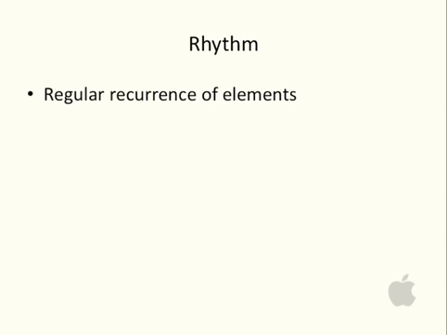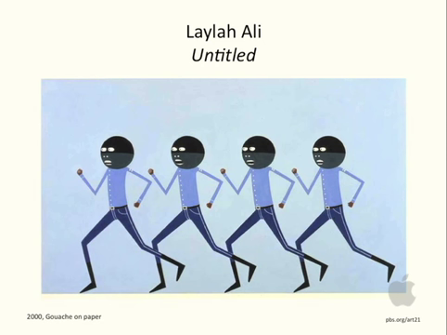So rhythm is the regular recurrence of elements. It can create movement, and it generates a sequence. In Laylah Ali's piece, seen here, Untitled, gouache on paper, done in 2000, there's a real sense of rhythm that's created, not only through the repetition of the figures, but then the strong diagonal lines formed by their legs.